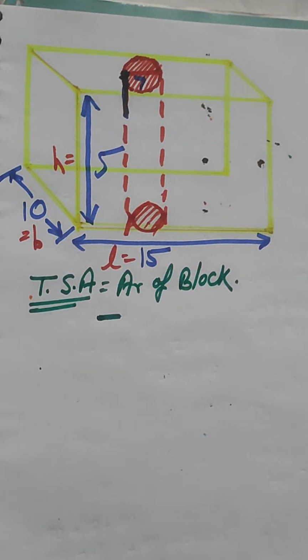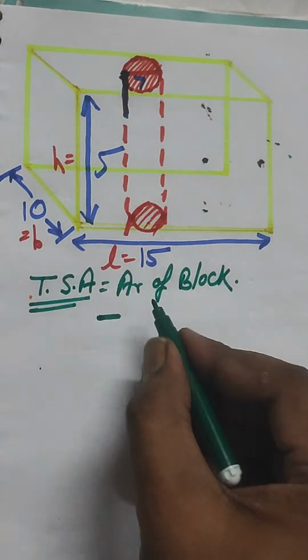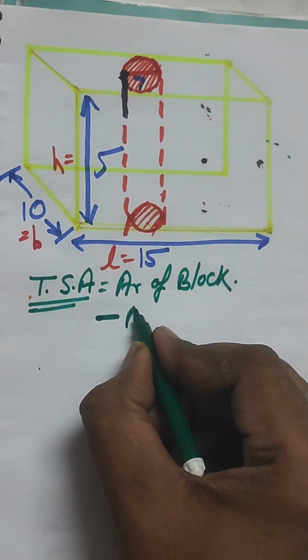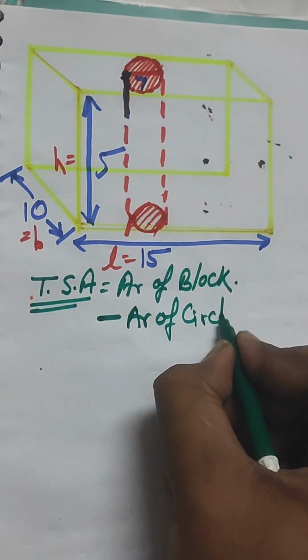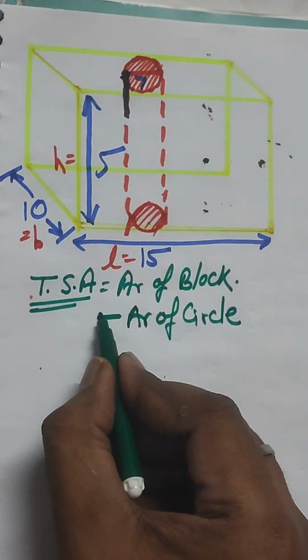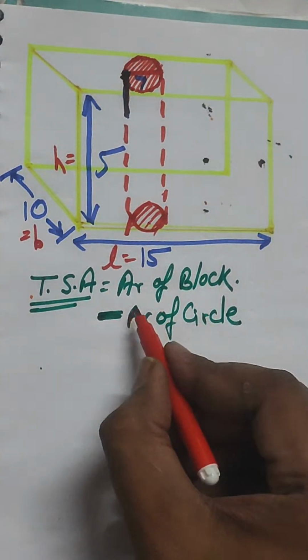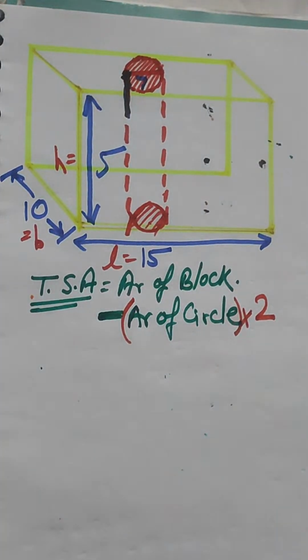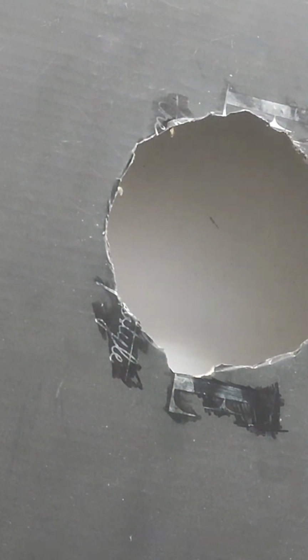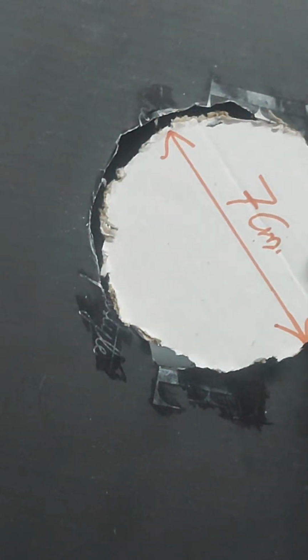So when you remove it, then you can say that pi, the area of the circle will be removed. That's why it's minus. And how many such circles? Two such circles will be removed, because if this was the box and this was the circle which is removed, then since you have removed it, you are not able to see this area, right?